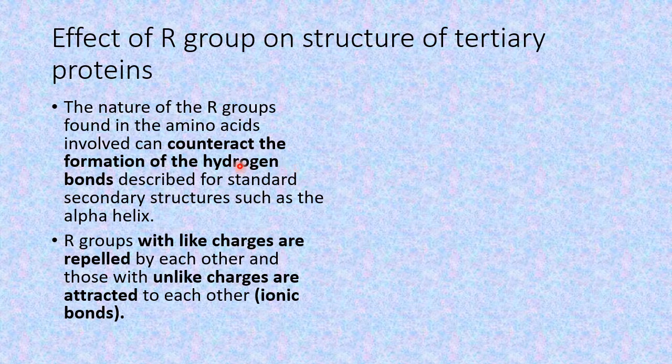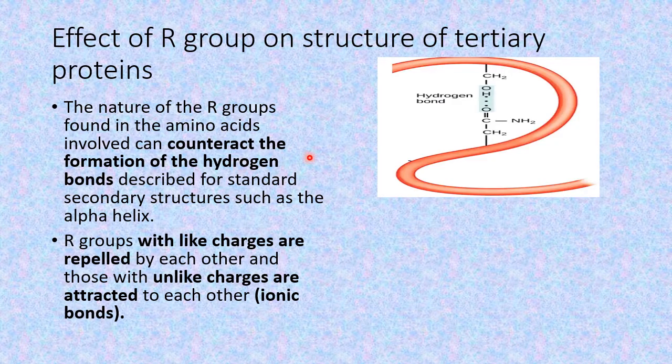So, if polar groups or ionic groups are present, then different ionic bonds may also be formed. Here, a hydrogen bond is being formed between these two side chains.